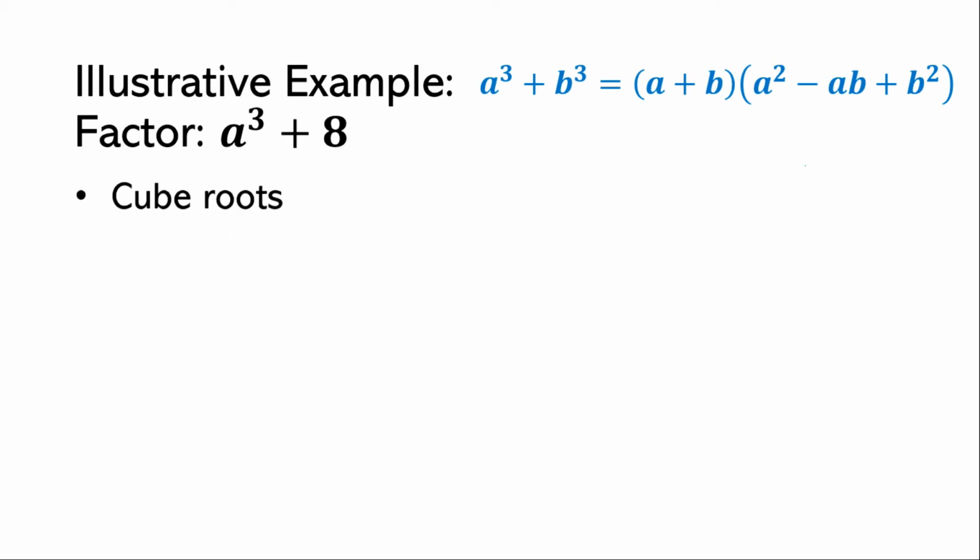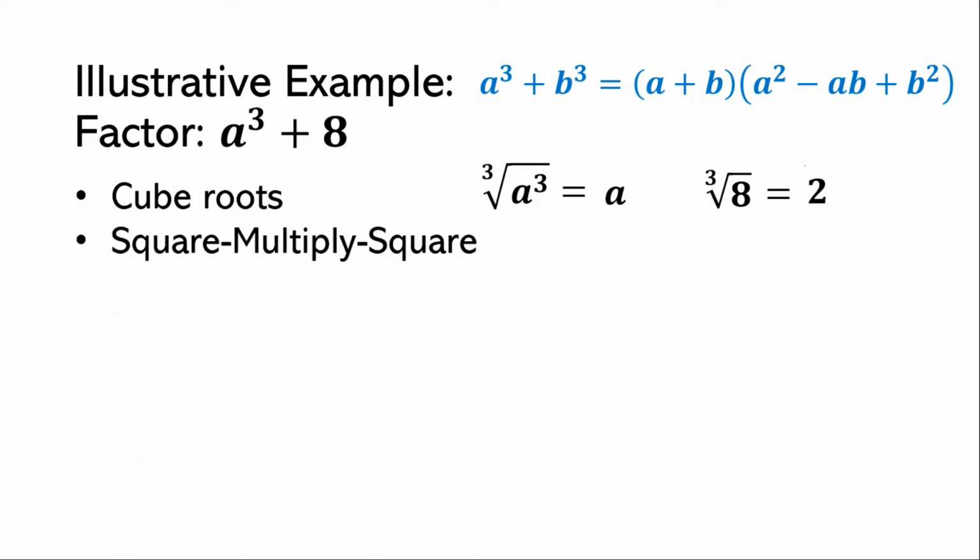Get the cube root of a cube and the cube root of 8. So, what is the cube root of a cube? The cube root of a cube is equal to a. And the cube root of 8 is equal to 2. Kasi 2 times 2 times 2 is equal to 8.